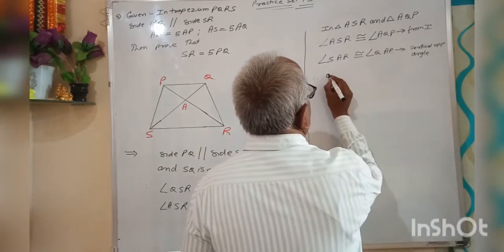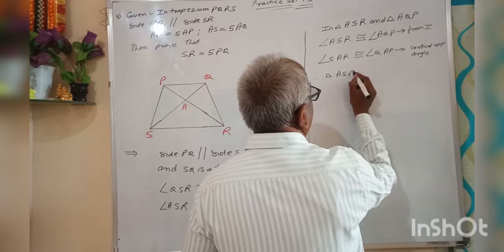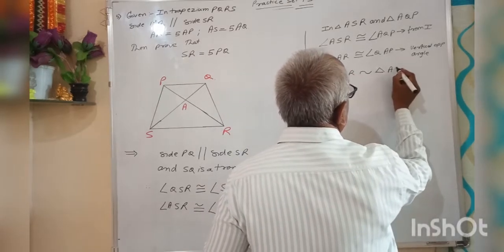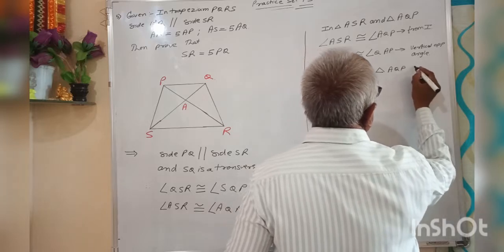Therefore, triangle ASR is similar to the triangle AQP by AA test.